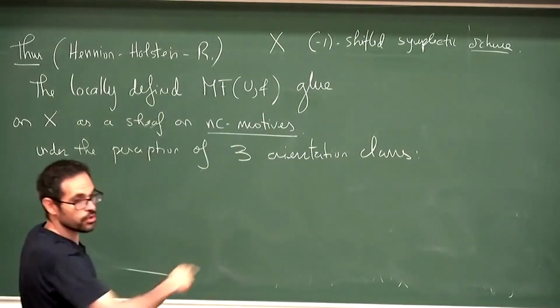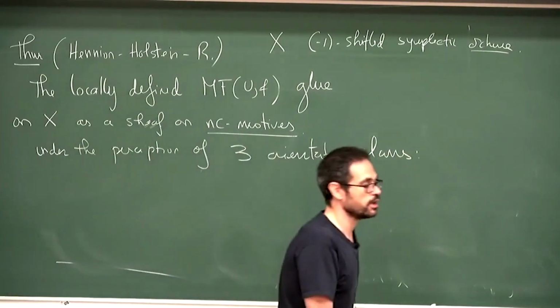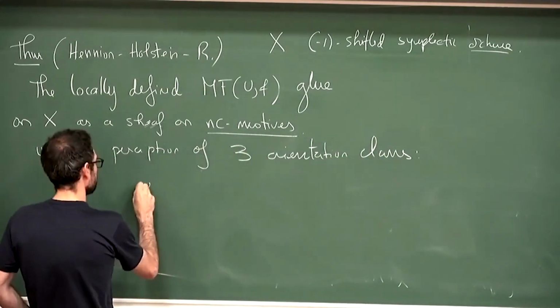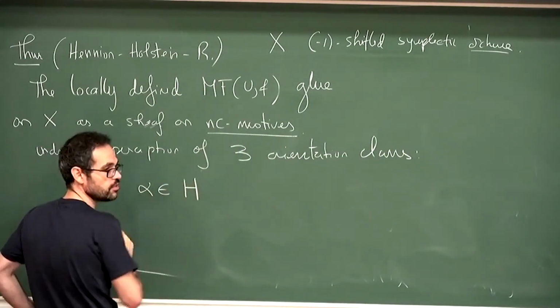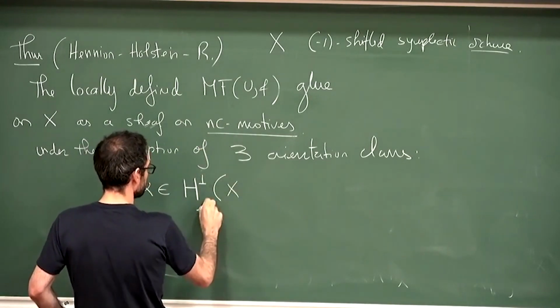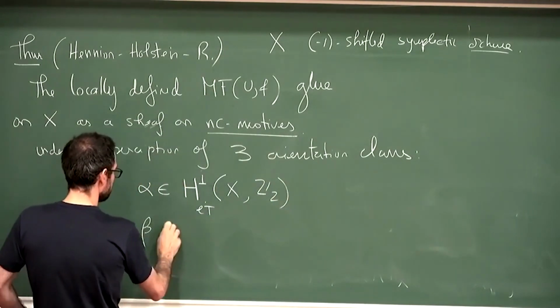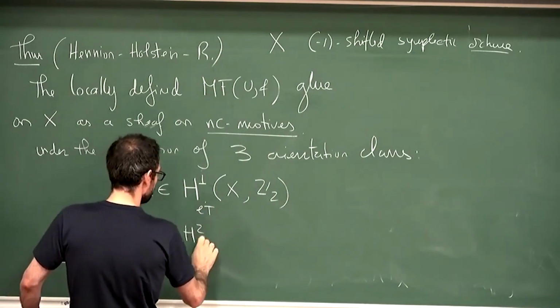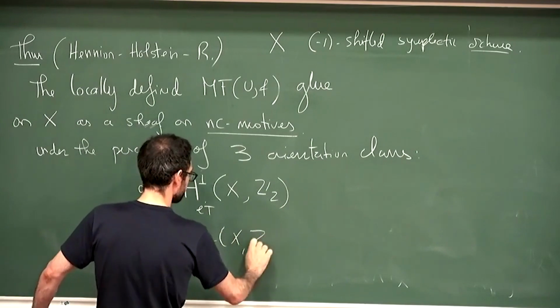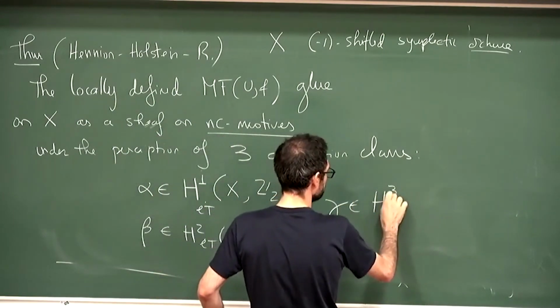In the case of Joyce, there was one single orientation data that was required. In this case, there are 3 classes that you have to trivialize in order to glue this. The first class lives in the étale cohomology of X with values in Z mod 2. The second class lives in the second group, and the third class lives in the third group.